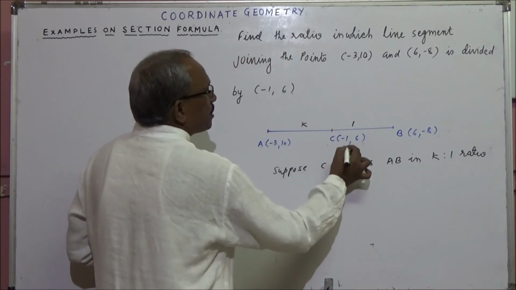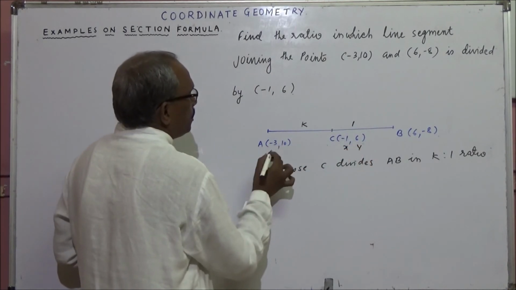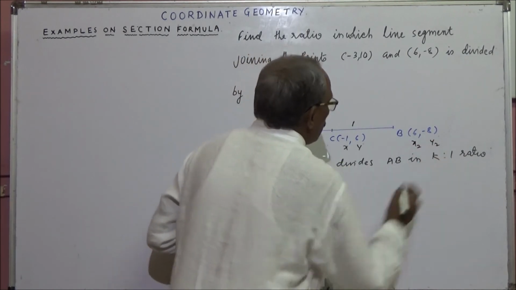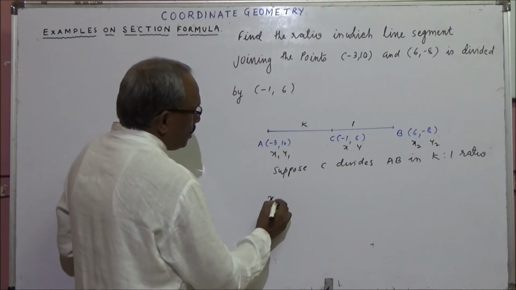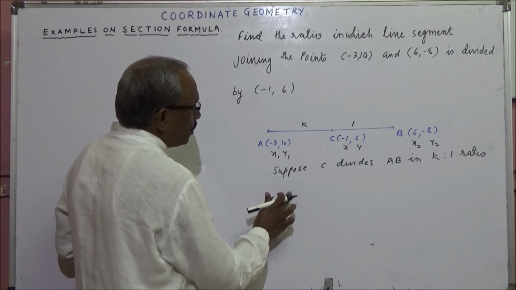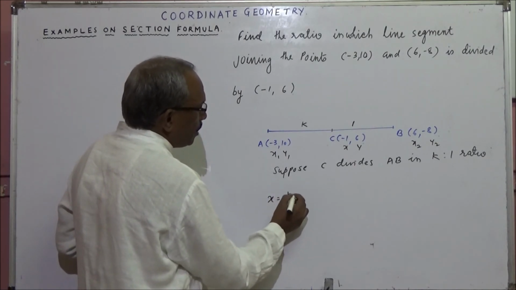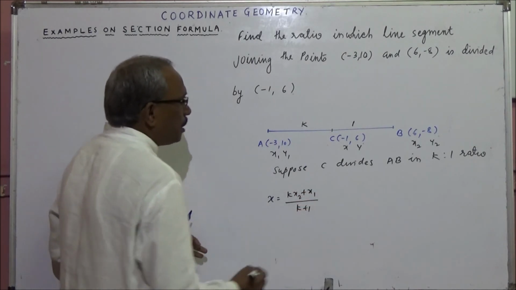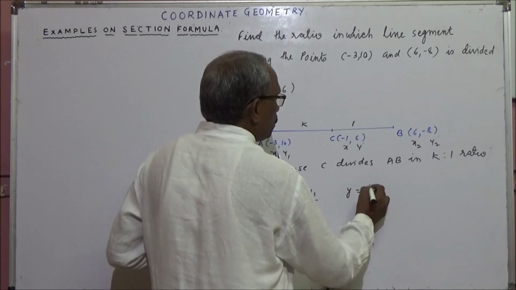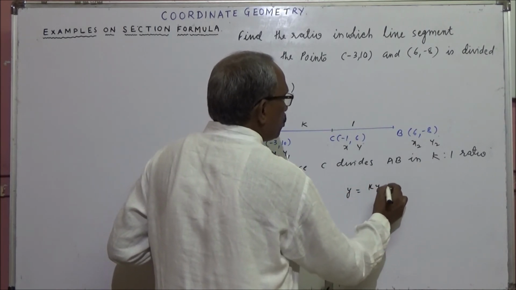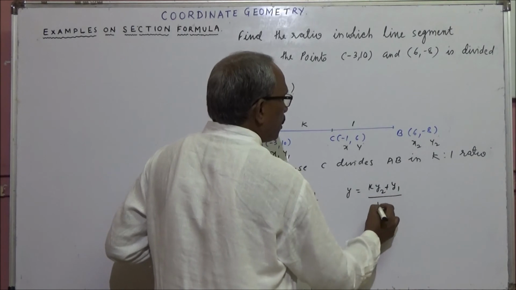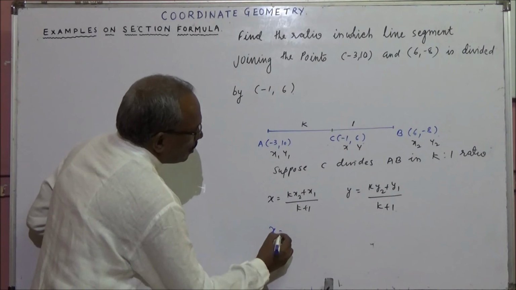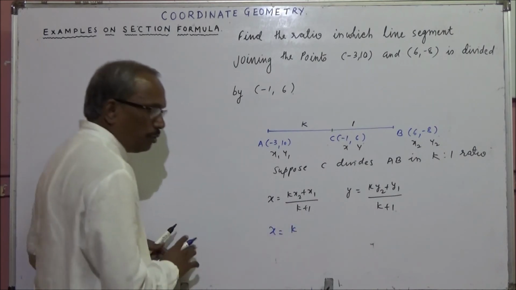So call this as X and this as Y, X1, Y1, X2, Y2. So X is equal to, we know that if it is dividing, it is (kx2 plus x1) upon (k plus 1). Y is equal to (ky2 plus y1) upon (k plus 1). So let us solve here.